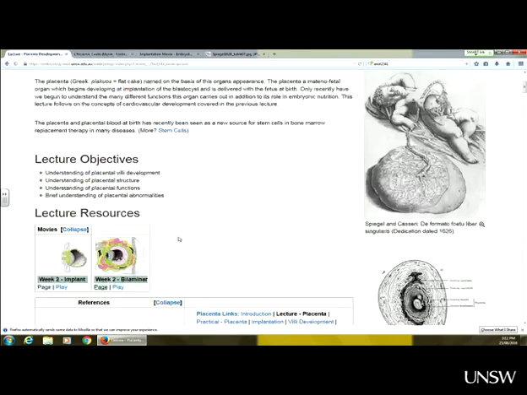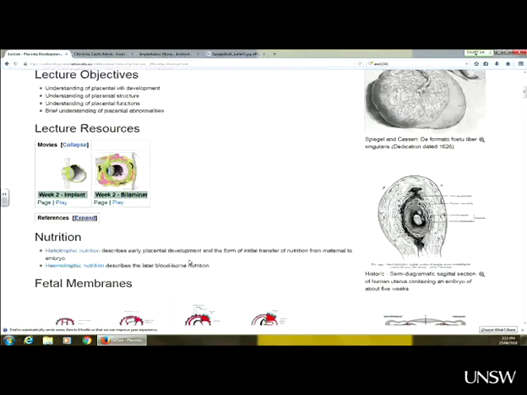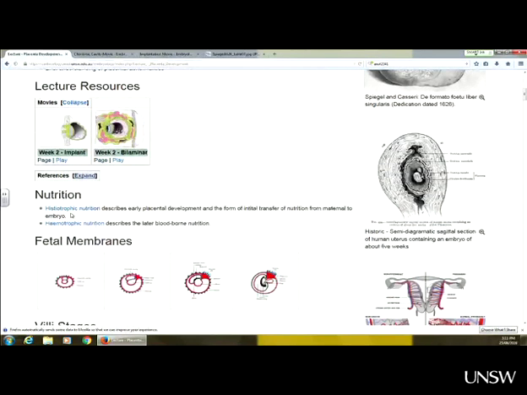I'll mention to you that we have a few terms that we describe for the nutrition. When the conceptus is floating within the uterus and in the initial stages of implantation, we talk about histotrophic nutrition. And this is when we get transfer from the maternal secretions to the conceptus before we establish placentation.